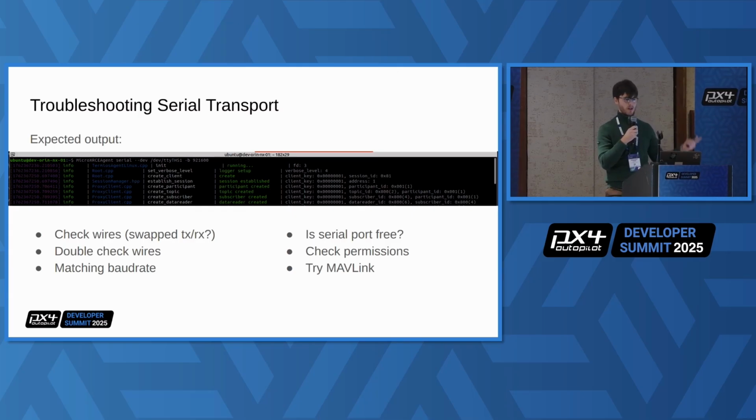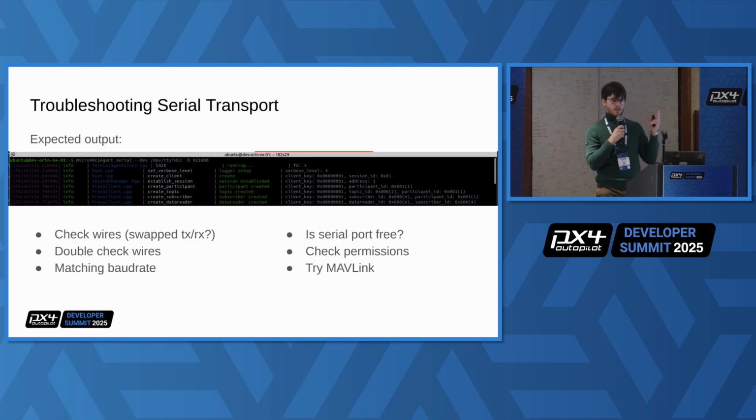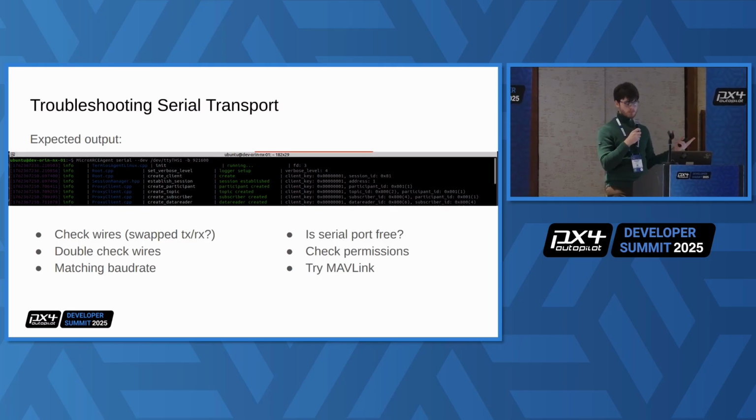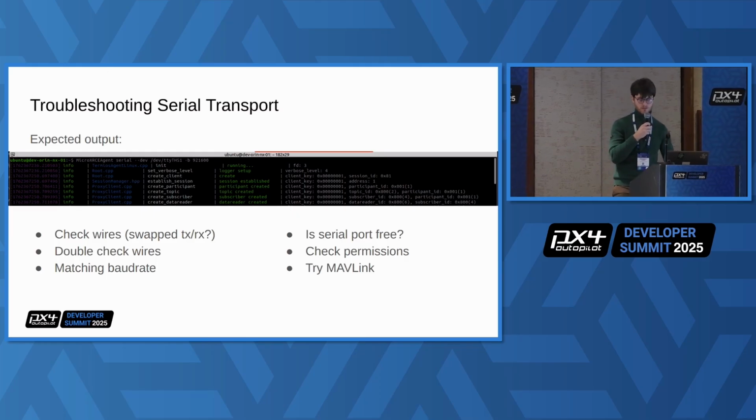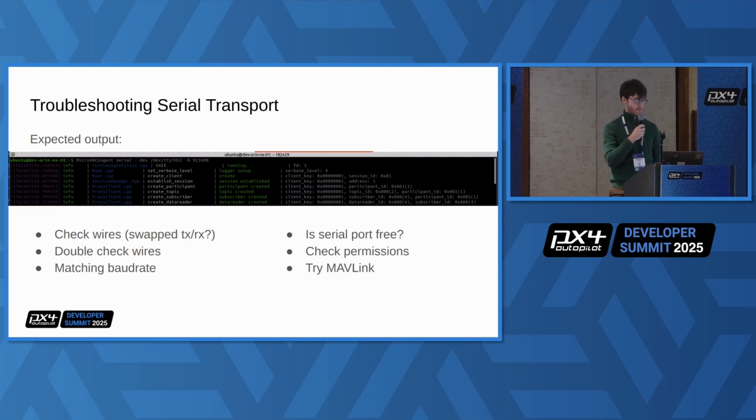Then check it twice, because the first time you do it wrong. Check that the baud rate is correct, and if those are okay, then check if your serial port is free on the PX4 side, because maybe you forgot that you had a MAVLink instance in offboard mode running on Telem2, and then you also try to start the XRCE-DDS client on Telem2. Things don't work well.